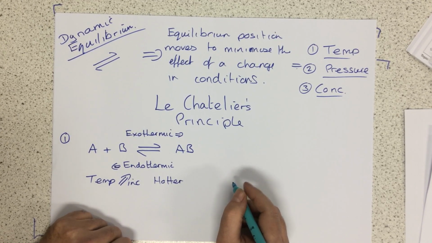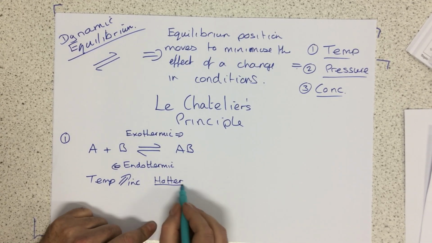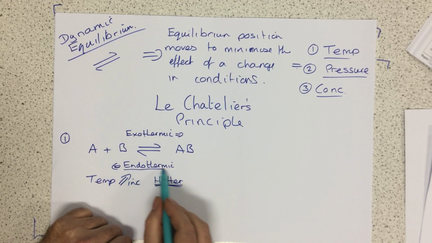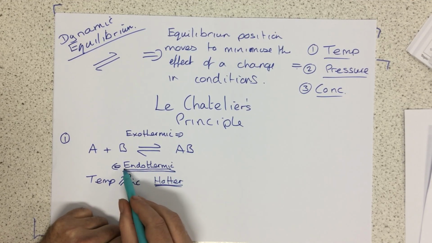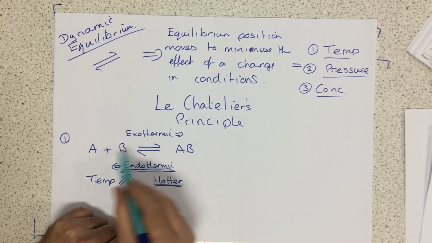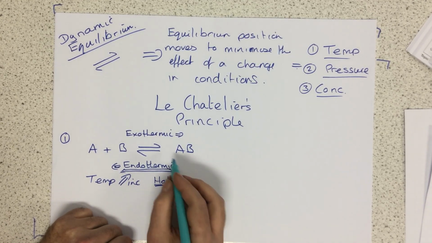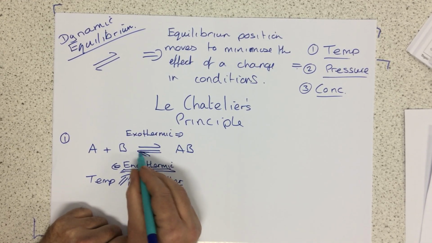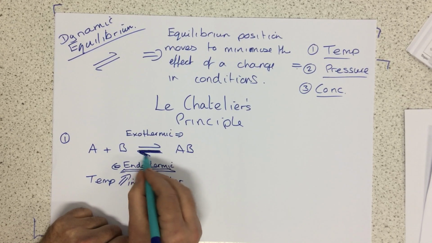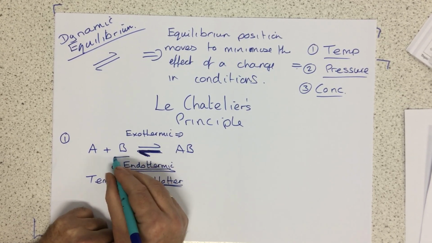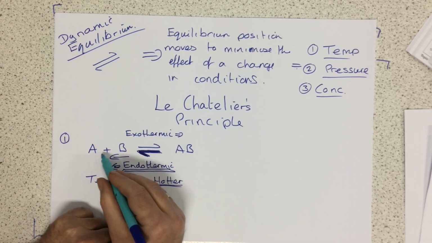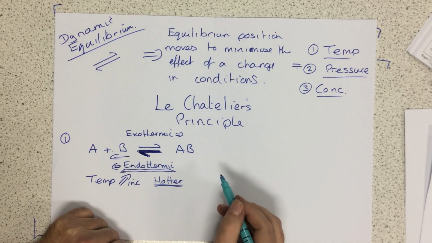In other words, to do the opposite of making it hotter, we'll promote the reaction that cools it down. So if we increase the temperature in this case, we will promote the exothermic reaction, which means the dynamic equilibrium will shift to the A plus B side of this equation.